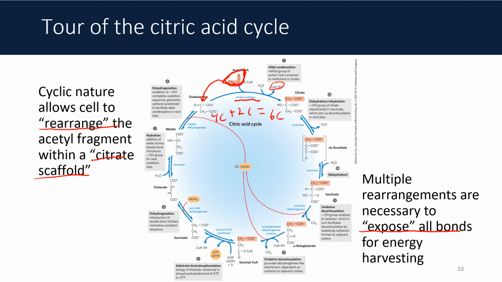It's really quite ingenious. So we have our 6-carbon citrate molecule. 2 of those carbons came from acetyl-CoA. And now we're going to send it down the assembly line and have it be systematically oxidized by the citric acid cycle machinery. Well, there's one problem.